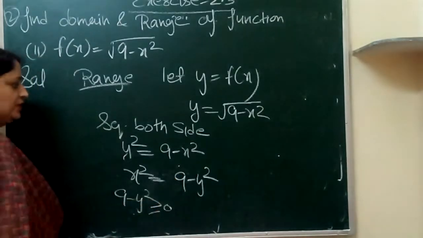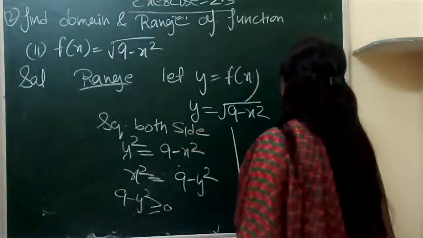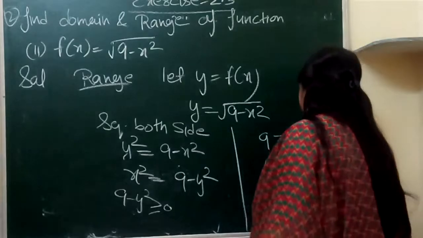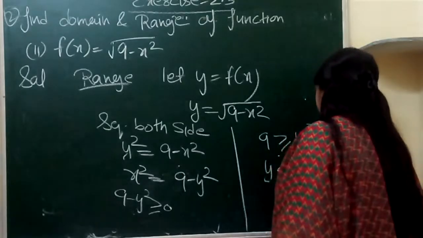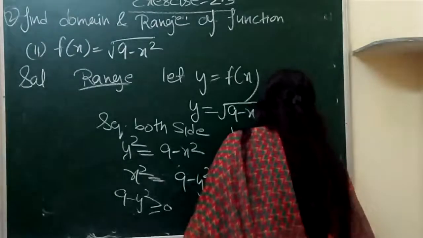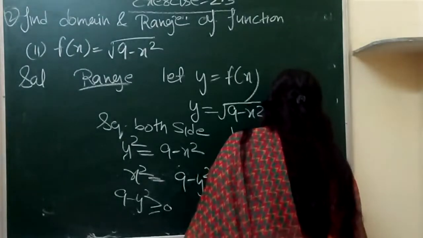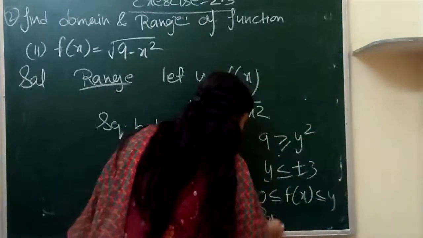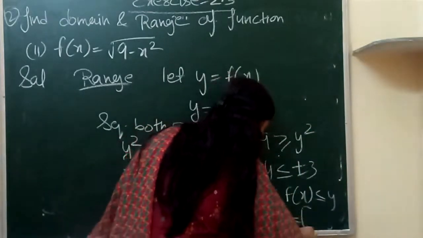So 9 is greater than or equal to y square, and y is less than or equal to plus minus 3 after solving this. So the range is 0 less than or equal to f of x less than or equal to 3, the closed interval 0 comma 3.